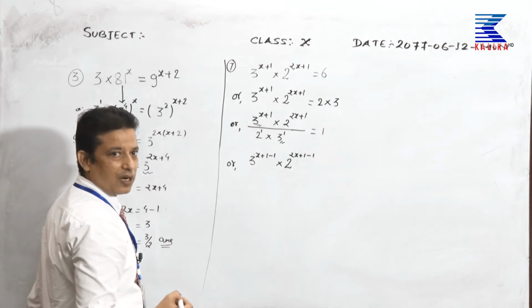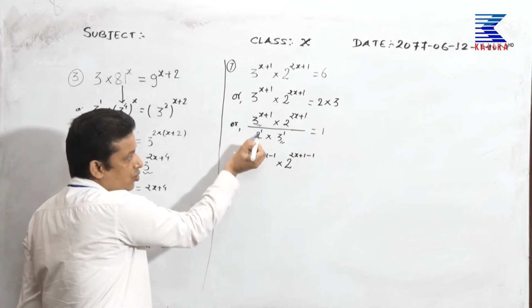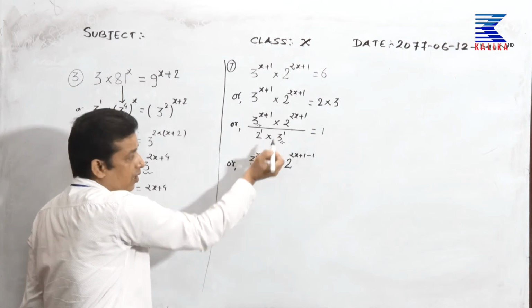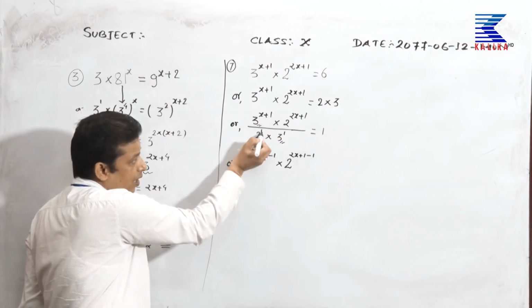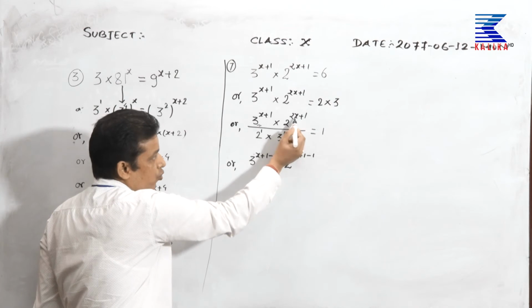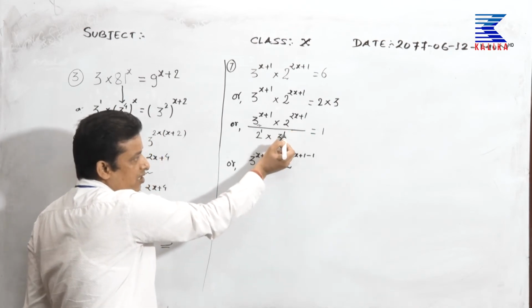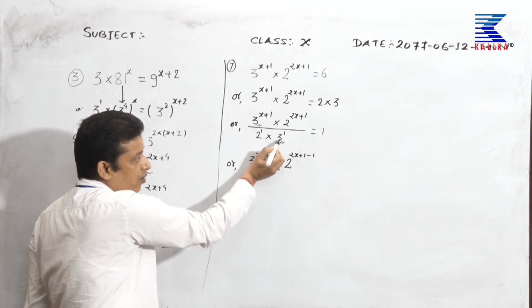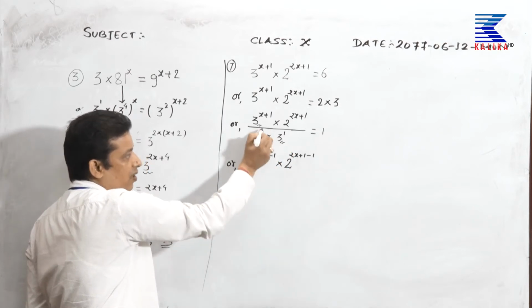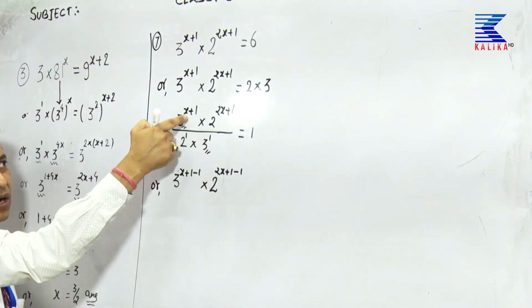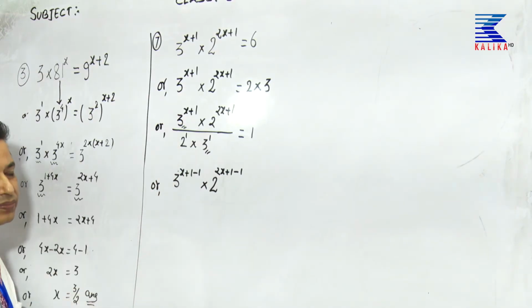I hope you have understood. Look, this 2 to the power 1 is here, 3 to the power 1 is here. So, this 2 to the power 1 goes up here, 2x plus 1 minus 1 it becomes. This 3 to the power 1 is here in the denominator. When we write this term in the numerator, just this power will be subtracted from the power of the numerator.